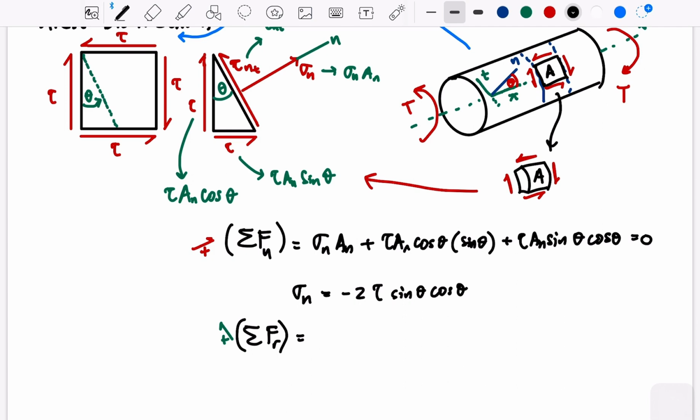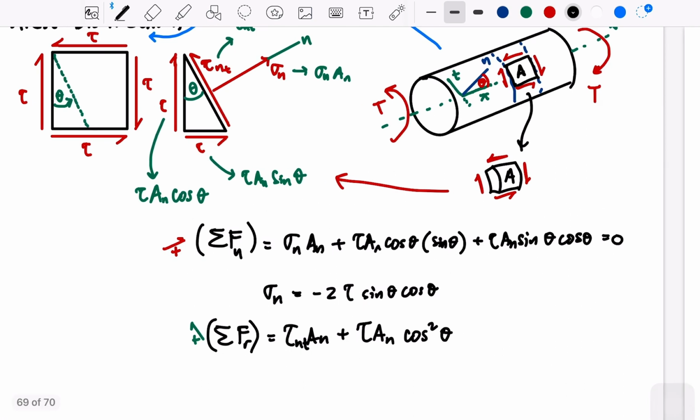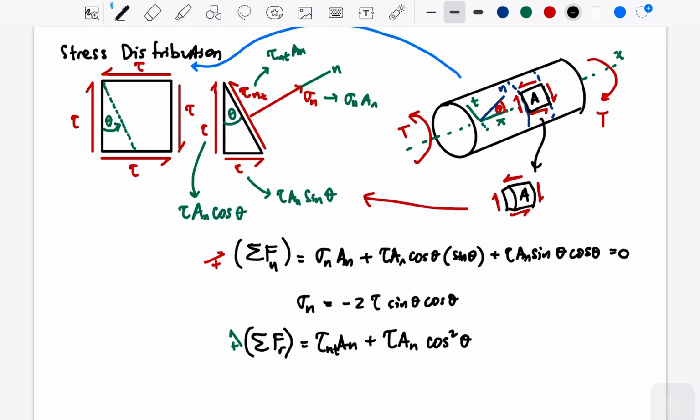This is equal to tau cosine theta and then cosine theta, so cosine squared plus tau sine squared theta.